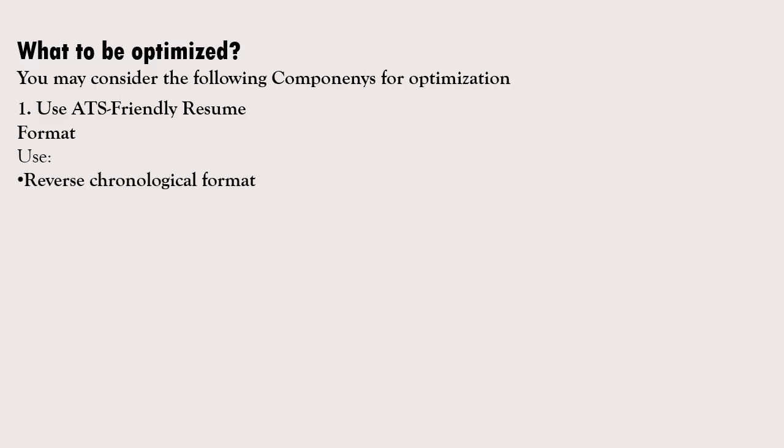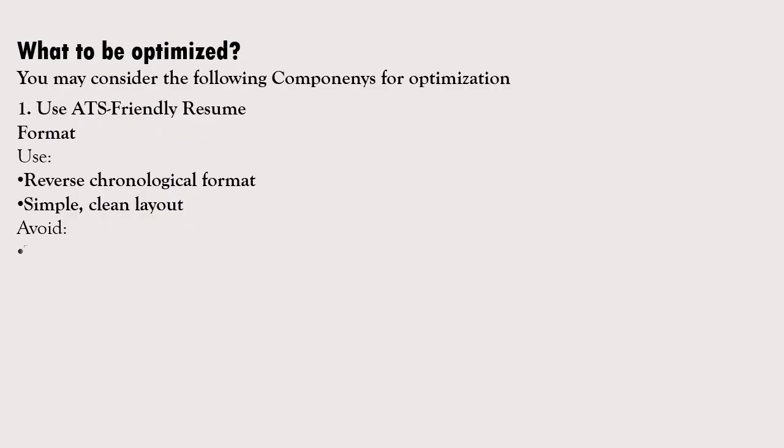So what are the things to be optimized? You may consider the following. One is we need to use an ATS friendly resume format. What we can use is a reverse chronological format. Then we can use a simple and clean layout.